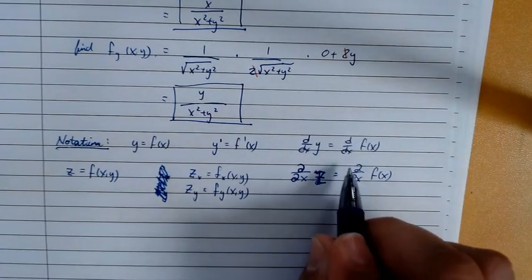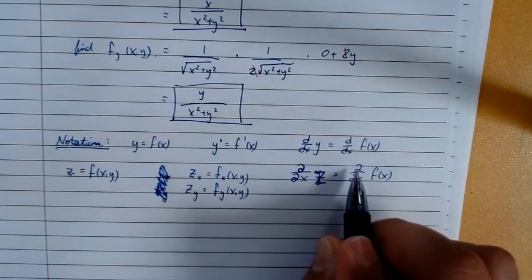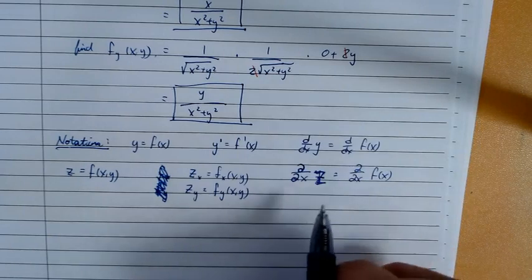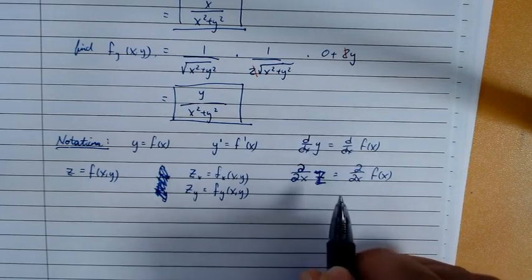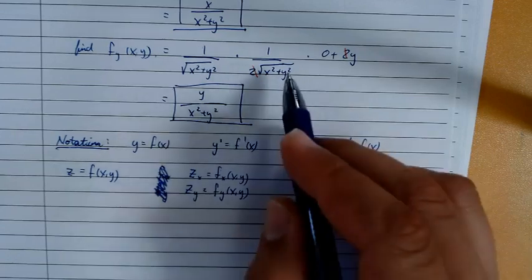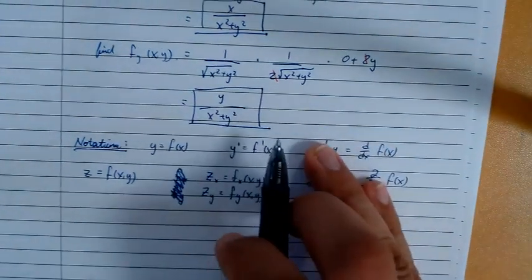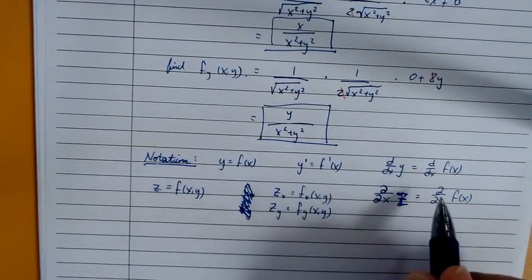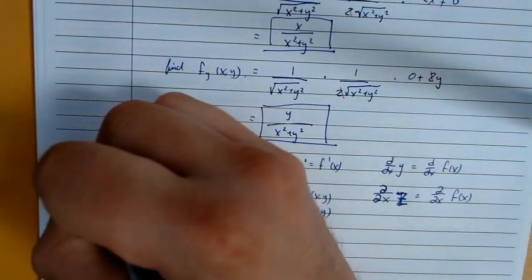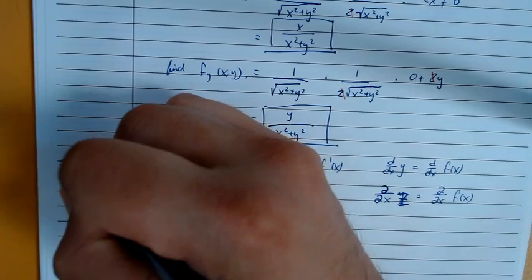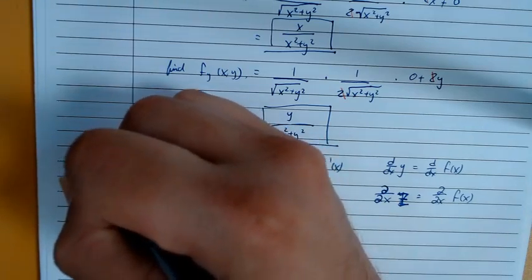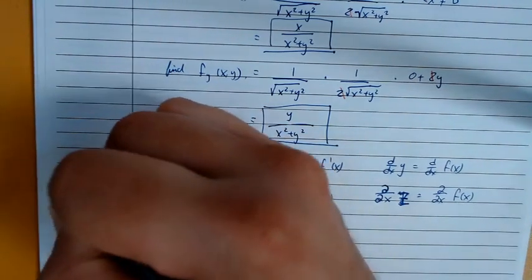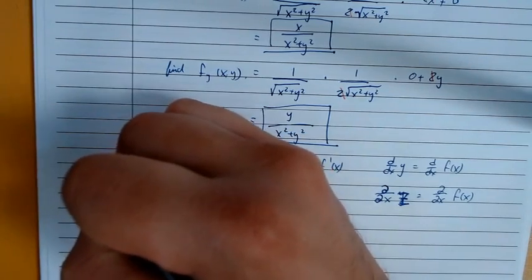I do apologize here. A lot of people have told me my dels look like the number 2. They might look like other people's number 2, but they don't look like my number 2. Notice my number 2 looks like this. So just as a quick heads up, I do apologize. I know it does look a lot like the number 2. Here, this is del. This is the number 2.